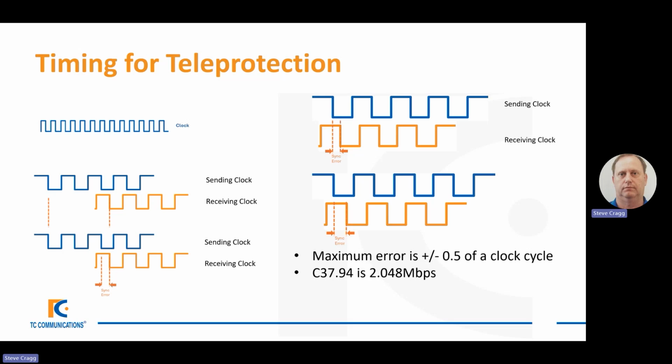The clock runs at 2.048 megabits per second. One cycle, therefore, is 488 nanoseconds. So the maximum error is plus or minus 244 nanoseconds. Now that is the difference between the two in synchronization. Even if the incoming clock is really accurate and the recovered clock is too, it can still only be out by plus or minus half of a clock cycle, or plus or minus 244 nanoseconds.